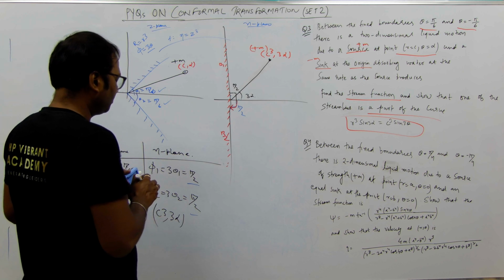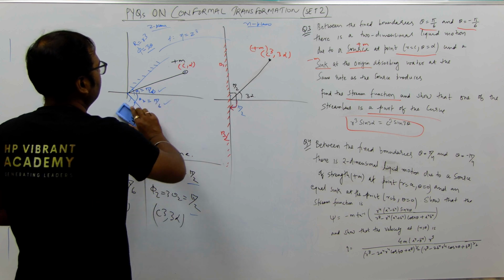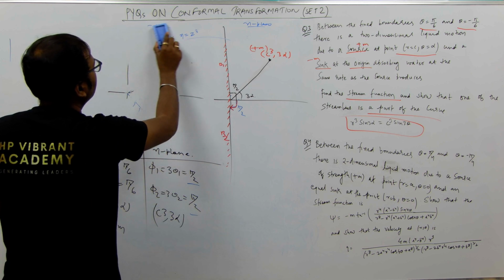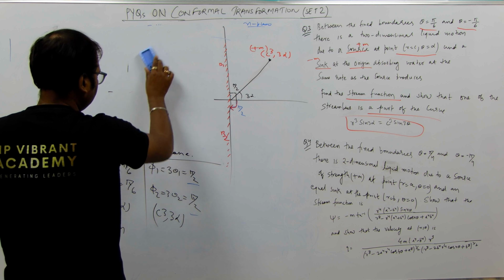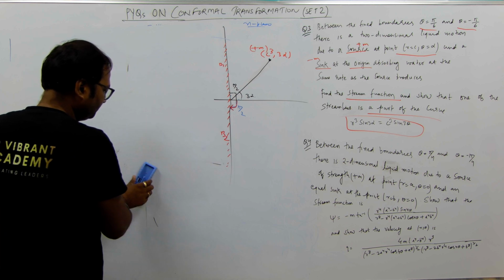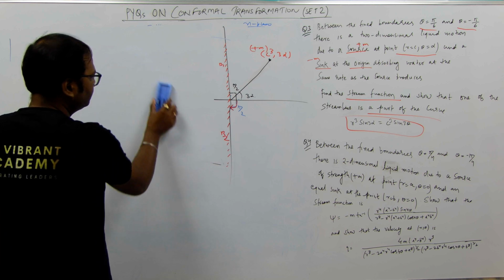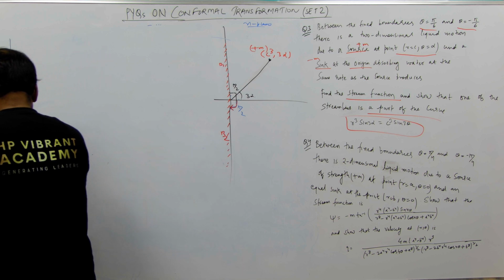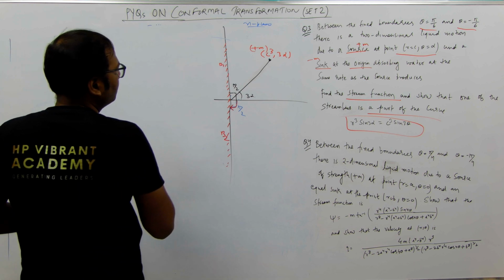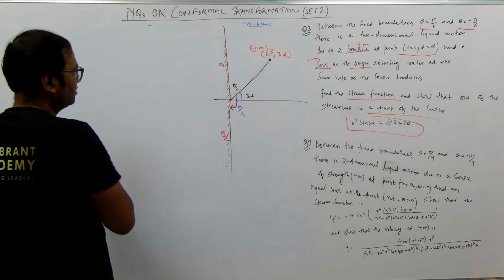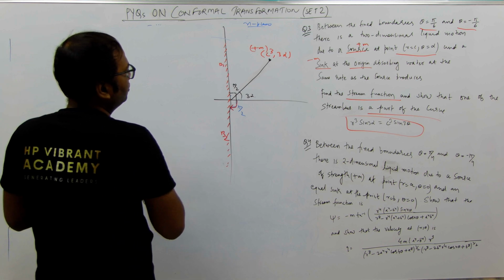So we have to work on the eta plane. Let us rub this, this is not required now. So this boundary will lie like this. So this is c cube comma 3 alpha.